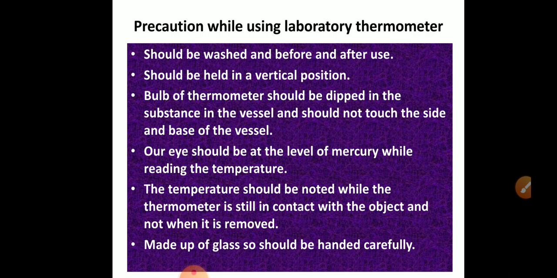Then our eye should be at the level of the mercury while reading the temperature. And the temperature should be noted while the thermometer is still in contact with the liquid or water, and not when it is removed.